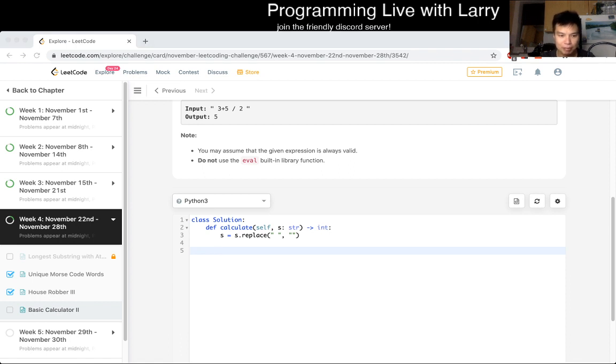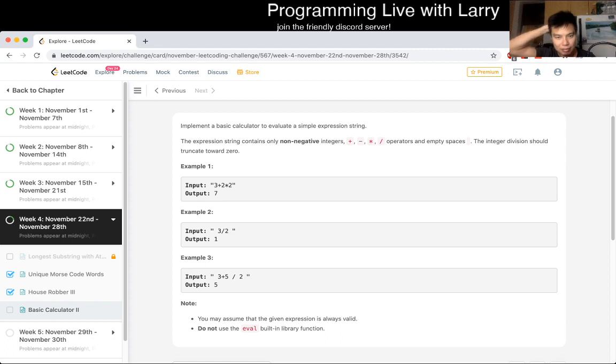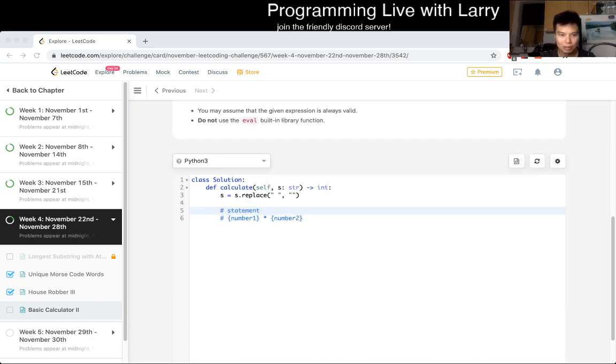But yeah, we want to define the language. Let's just say you have 2 numbers, number 1, number 2, or something like that. If we want to define the language, we could say a statement is equal to something like left, operator, right.